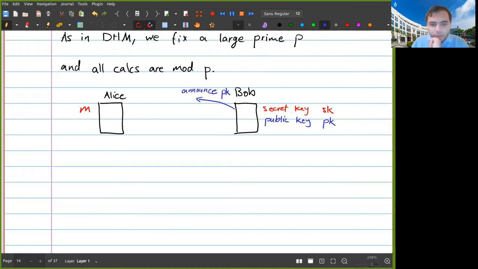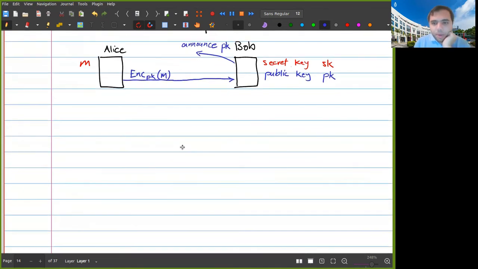And what she wants to do is send to Bob the encryption of this message using the public key that Bob has already announced.